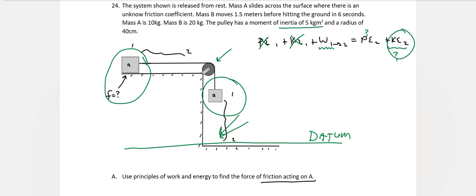Hopefully you also know that as long as we define our system like this, all of it together, you don't have to worry about the tension either. Technically it's not an internal force, but the net work done by the tensions is 0 in this. The work term is reserved typically for forces that are adding energy or taking energy away from the system, and the tension isn't doing that.